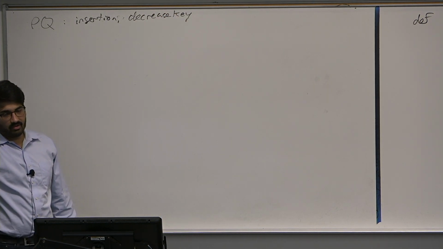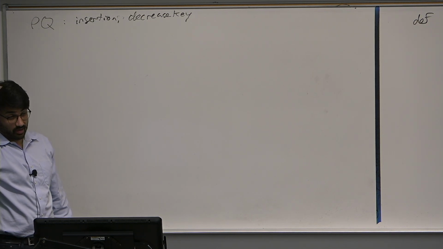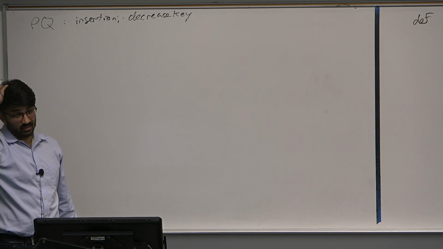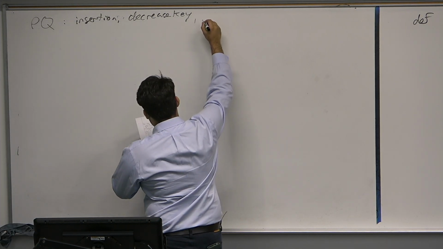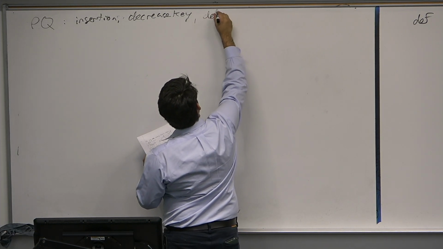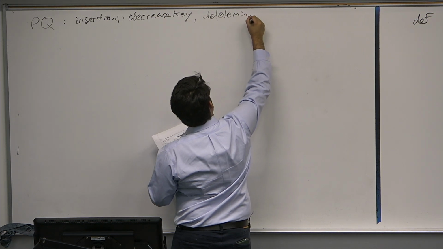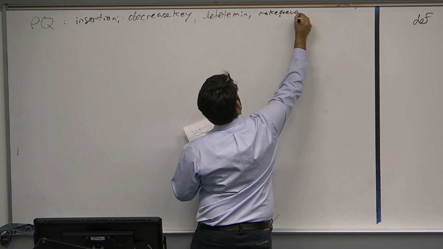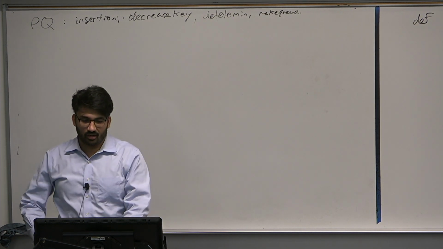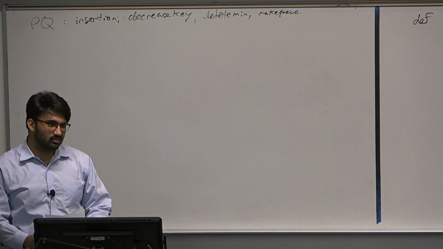And given an item, we can say, hey, decrease the value of that item. Decrease its key. And it'll have a higher priority, right? Then we can say, delete min. And then make queue. So given a set of uninstantiated objects, you could make the queue from those. We'll talk specifically about this.